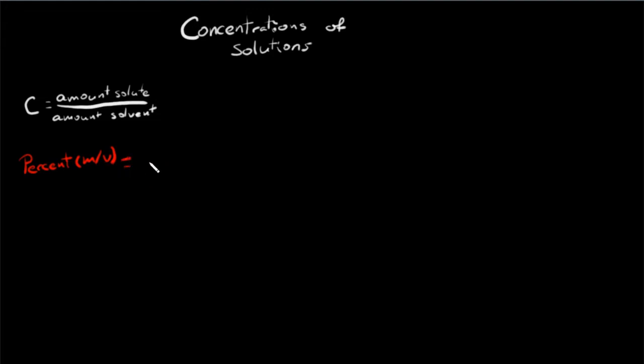The way percent mass volume works is we're going to take the mass of the solute, done in grams, and divide that by the volume of the solution.